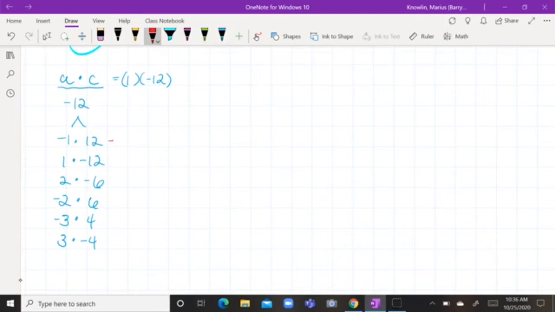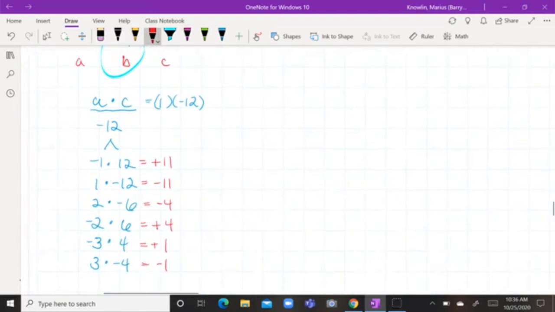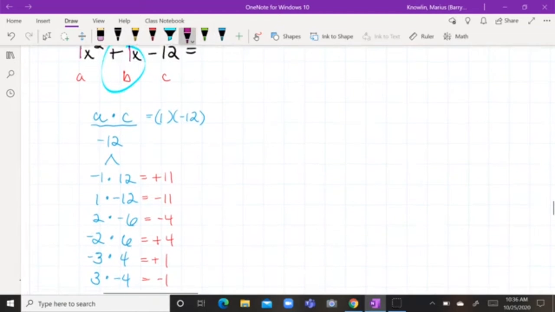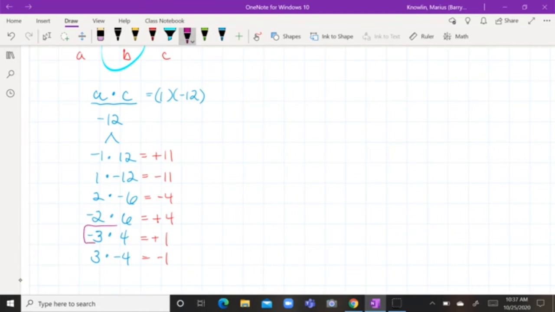When we combine them, that's going to give us positive 11, negative 11, negative 4, positive 4, positive 1, and negative 1. Now, the factor pair that we're going to use is the pair that gives us positive 1, which is negative 3 and positive 4.